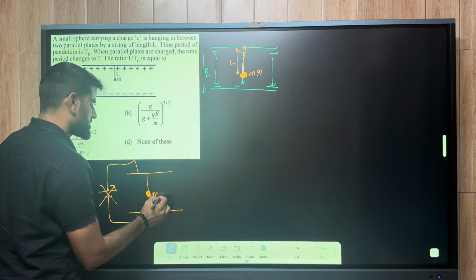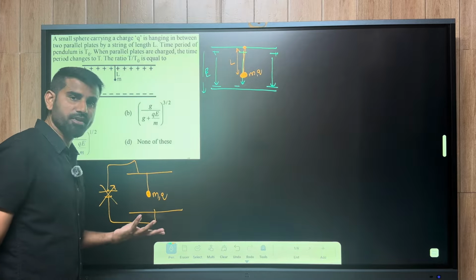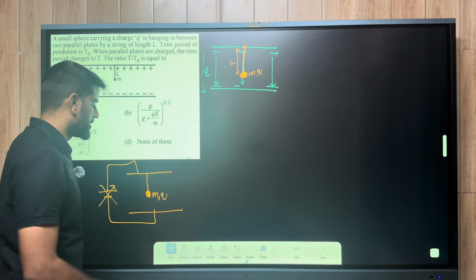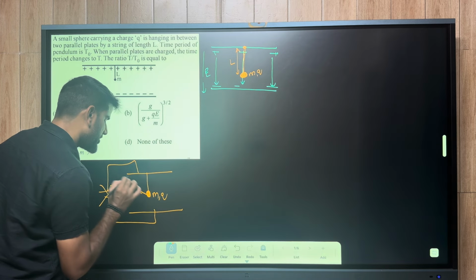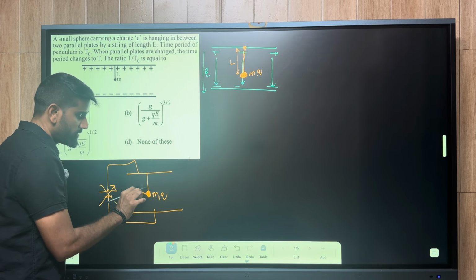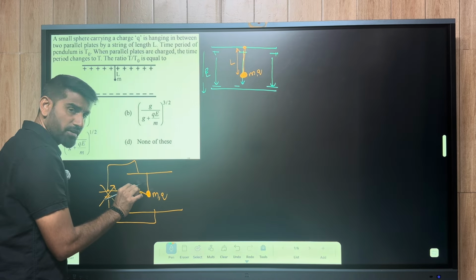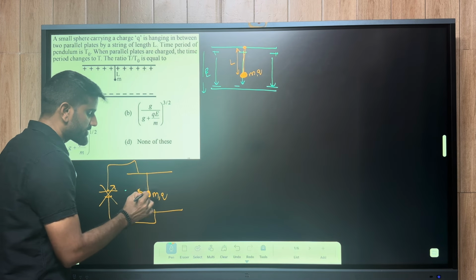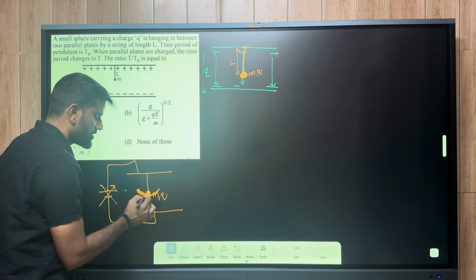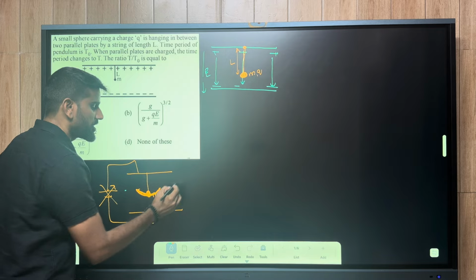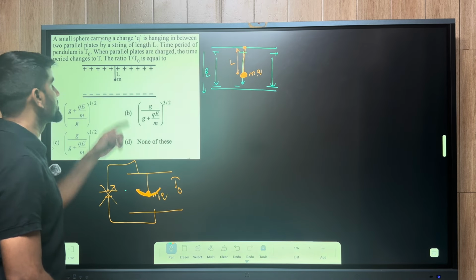Now the charge is q, but it makes no influence on the time period. If I displace this sphere a little to the left or right and leave it free, it makes oscillations. The time period of this oscillation is mentioned as T0.